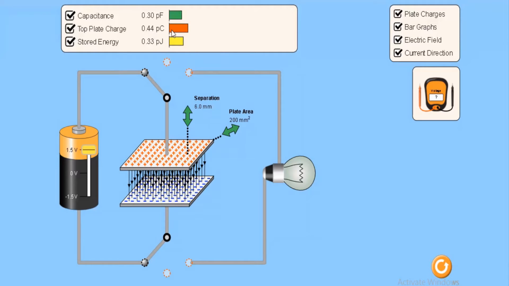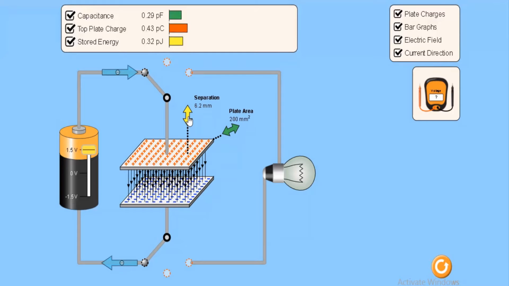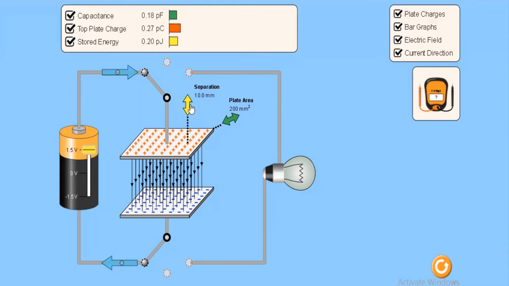And ang top plate charge, itong charge sa top plate, merong 0.44 picocoulomb. Now, what if we enlarge the separation between the two? Let's observe. Yan. So, bumaba yung stored energy. Diba? And bumaba rin yung charges in the two plates.